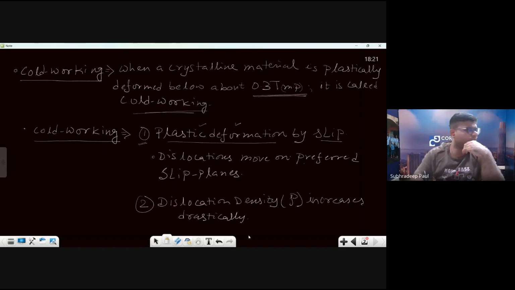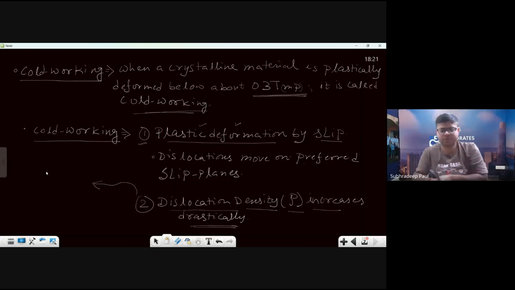Now, when I am talking about the dislocation density increasing drastically during cold working, we need to understand what the range is, because sometimes direct questions come in GATE, and they have asked about the range.